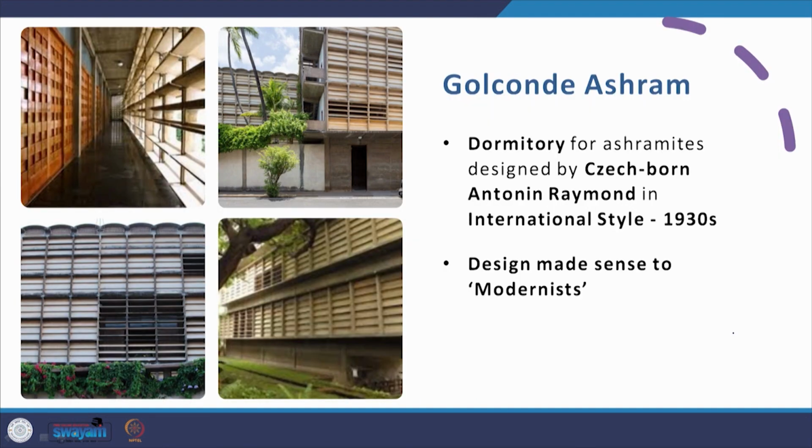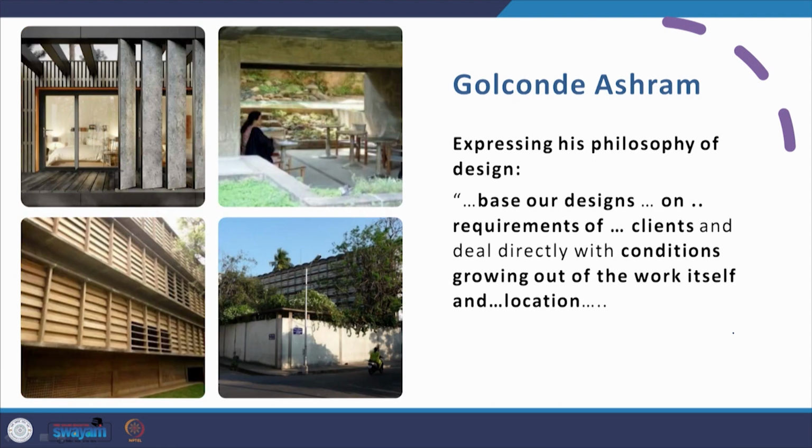Coming back to the Golconde Ashram, it was a dormitory made for the ashramites, designed by Czech-born architect Antonin Raymond in the international style in the 1930s, and it was a design that made sense to the modernists. It was the expression of his design philosophy, which is to base our designs on the requirements of the client and to deal directly with conditions that grow out of the work itself and the location of the building.